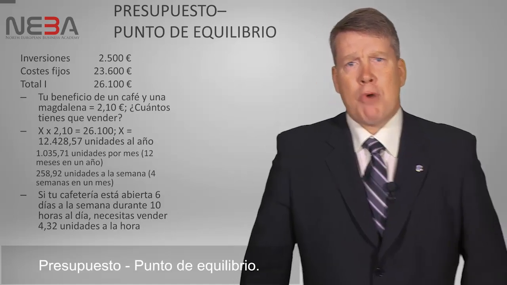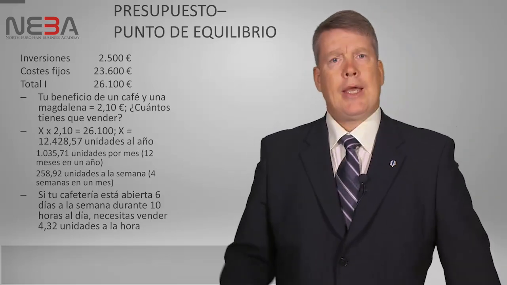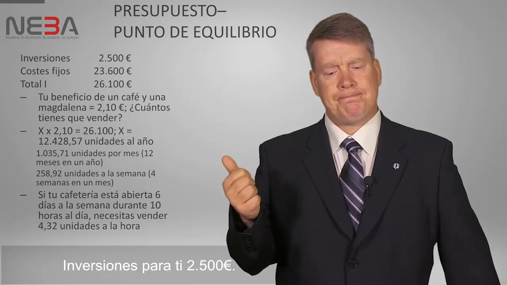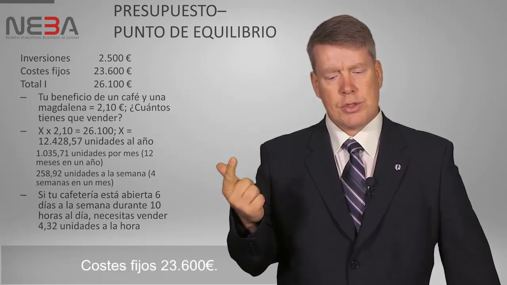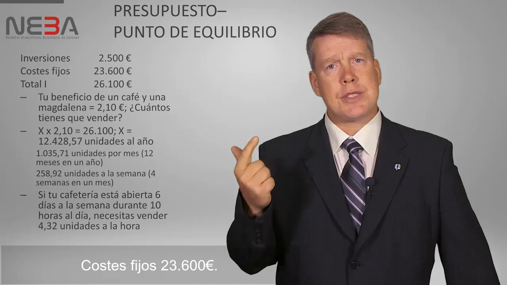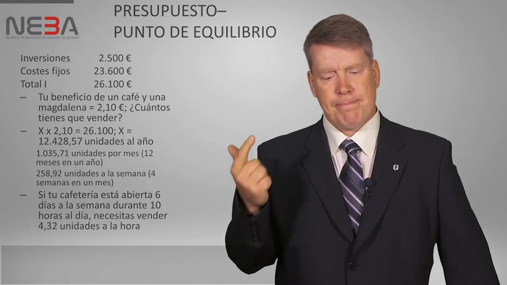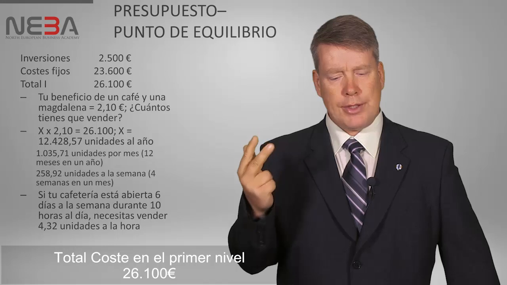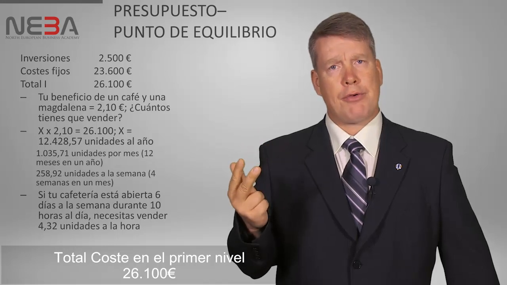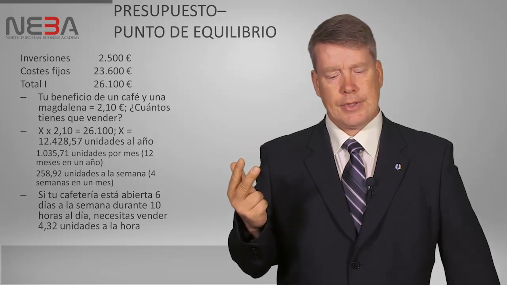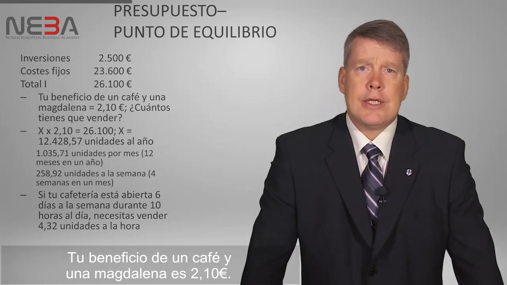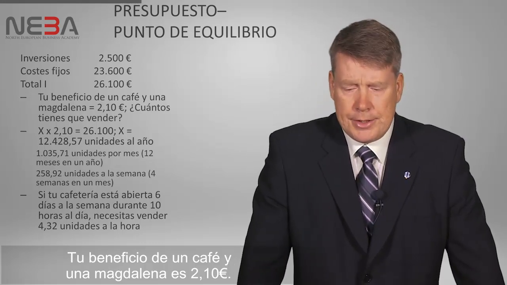Budgeting break-even point. Investment for you costs 2,500. Fixed costs 23,600 euros. Total cost in the first level is 26,100. Your profit from coffee and muffin is 2.10 euros.